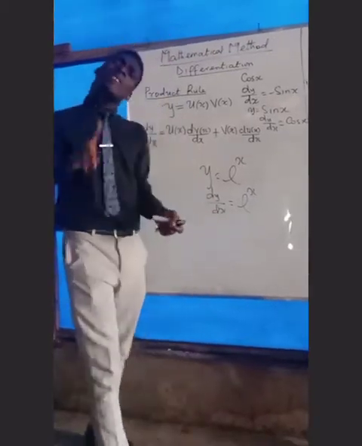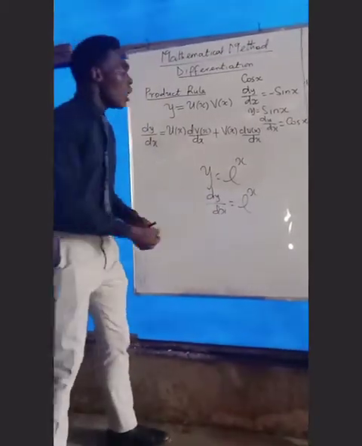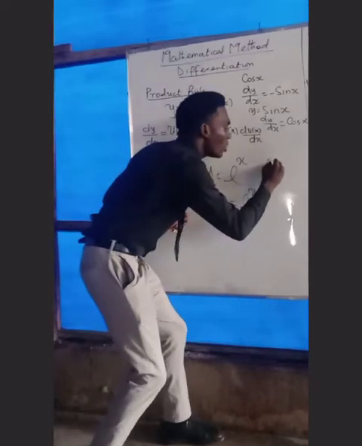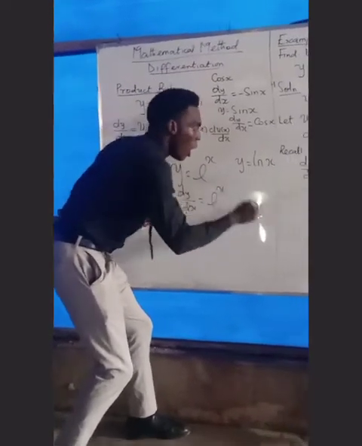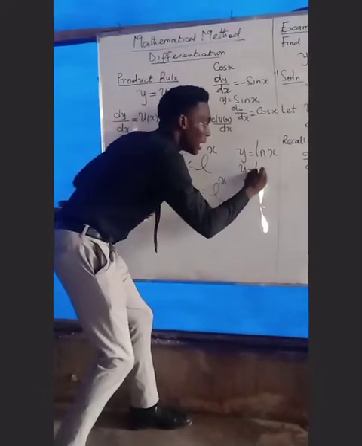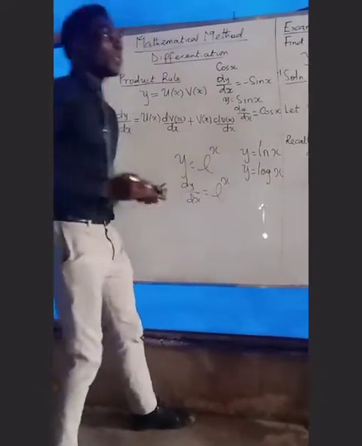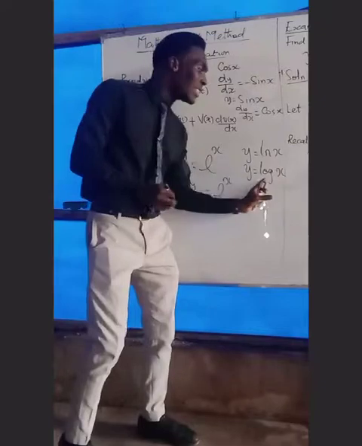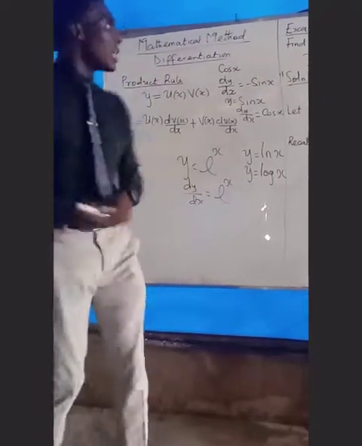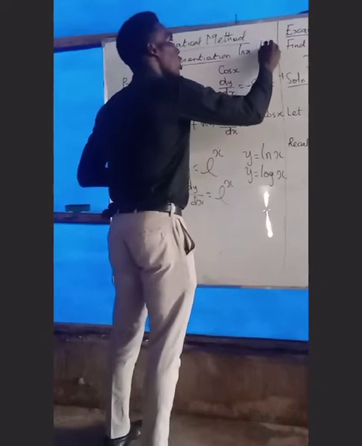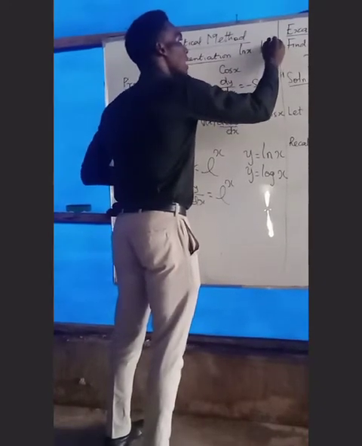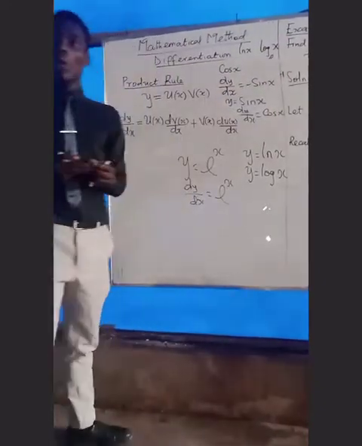Now, these are the ways to differentiate certain functions. And also we have lastly the logarithmic function. Logarithmic functions are functions of this form, ln x, or on the other hand you can see it as log of x. Take note, ln and natural log are the same. That is, if you see ln x and you see log base e of x, these two are the same.